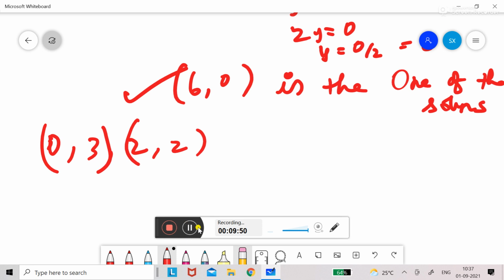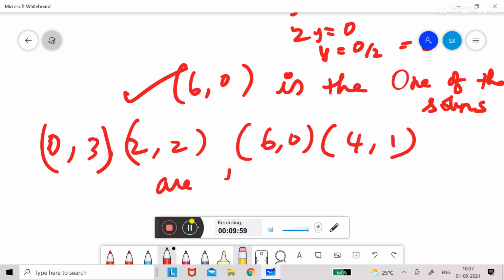So remember, we have done coordinate geometry. Using that only we are going to do this. (2, 2), (6, 0), (4, 1) are the four solutions. There are infinitely many solutions, but we are writing four solutions of the given equation. What is the given equation in two variables?